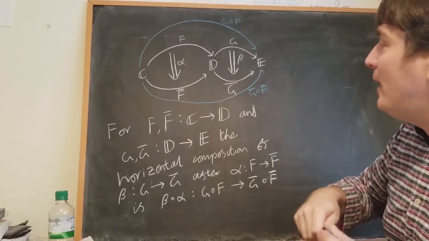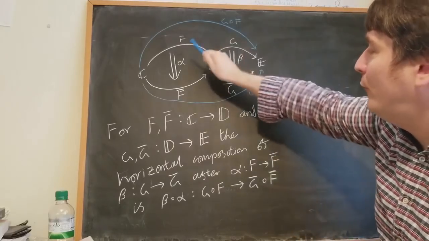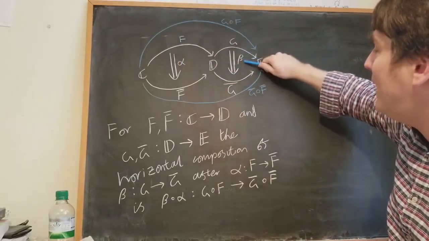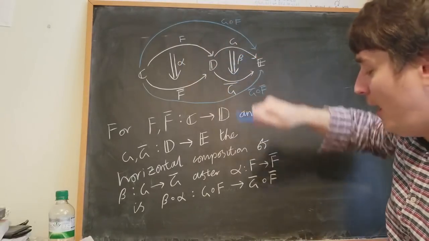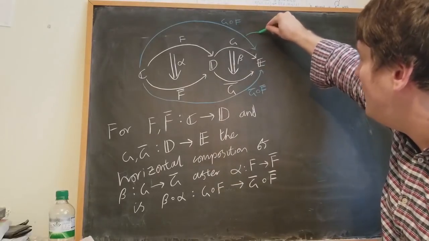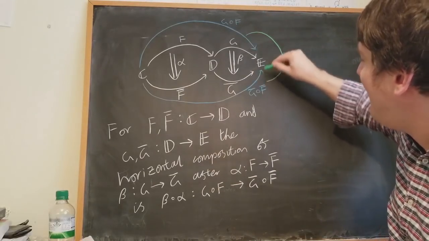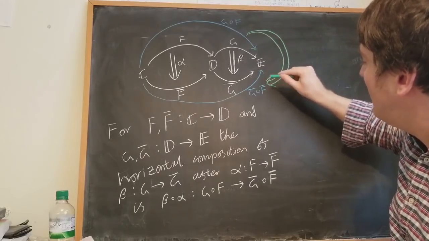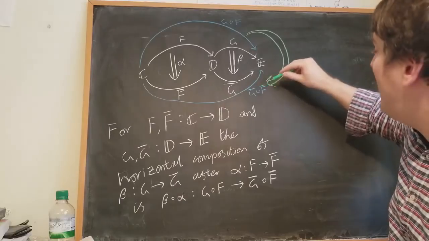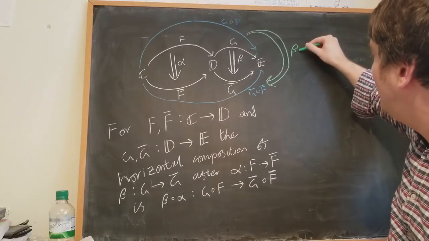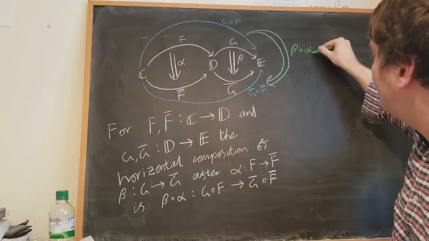So what's the horizontal composition of this natural transformation alpha and this natural transformation beta? Well, it's a natural transformation which goes from this functor G after F to this functor G bar after F bar, and we call this beta circle alpha.